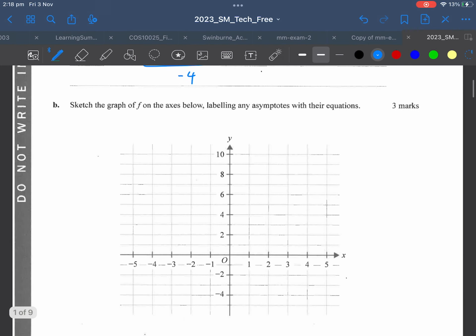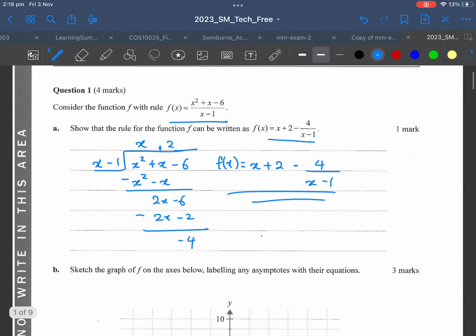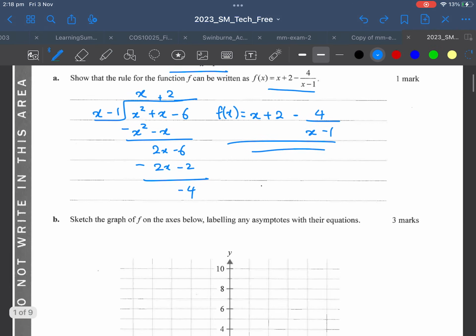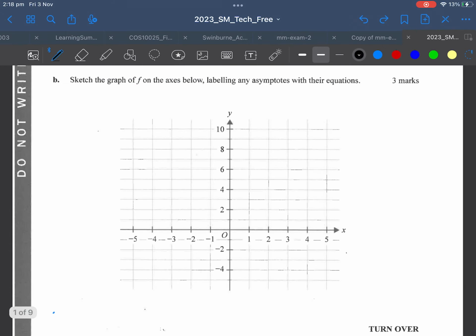Sketch the graph below labeling any asymptotes with the equations. Okay, so one of the asymptotes is going to be this, and the other one is going to be the vertical asymptote, which is x equal to 1. So what I'm going to do is I'm going to draw the asymptote and see how good I am with drawing them. Okay, there you go.